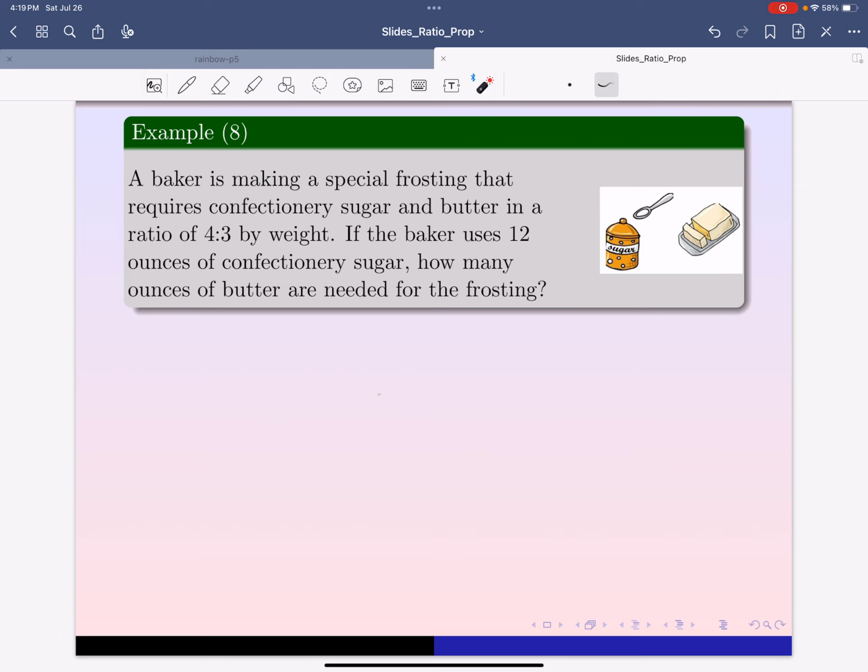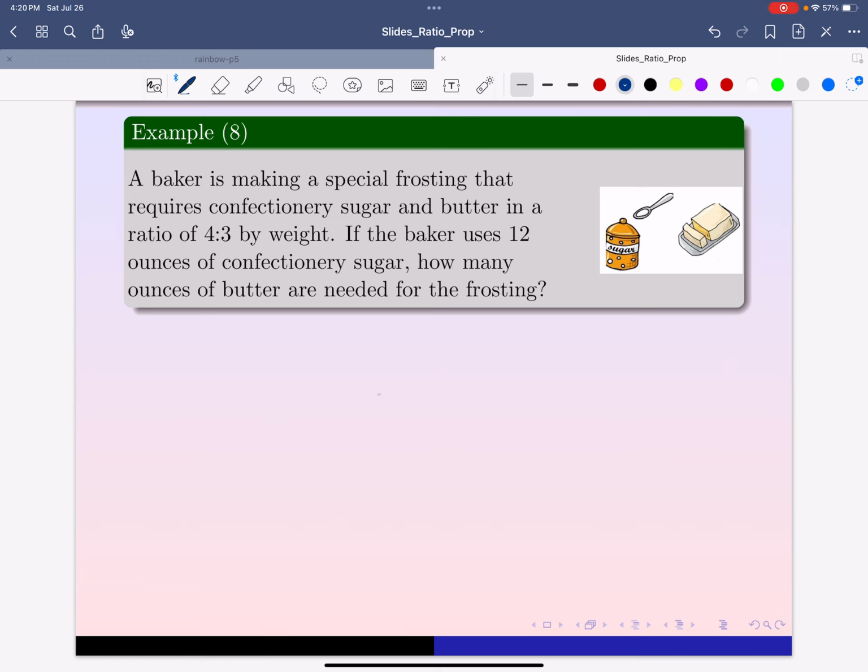Example 8. A baker is making a special frosting that requires confectionery sugar and butter in the ratio 4:3 by weight. If the baker uses 12 ounces of confectionery sugar, how many ounces of butter are needed for that frosting?